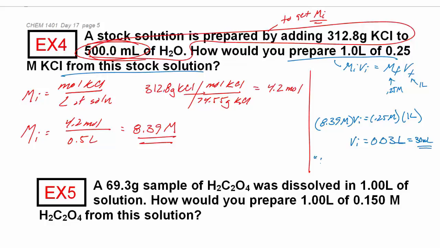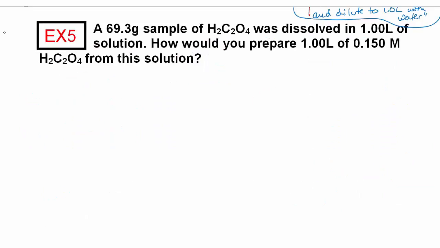So we will take 30 milliliters of the 8.39 molar KCl and dilute to what volume? 1 liter with water to get that final concentration of 0.25 molar potassium chloride. So there's my answer.